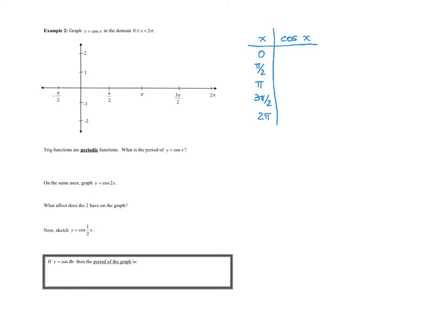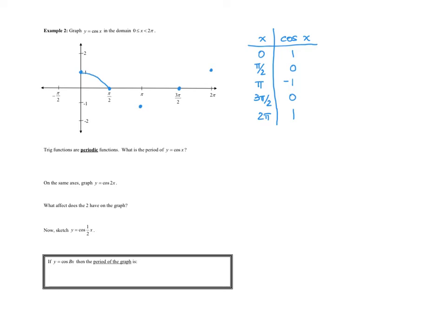If we go back to the unit circle, the cosine of 0 is 1, the cosine of pi over 2 is 0, the cosine of pi is negative 1, the cosine of 3 pi over 2 is 0, and the cosine of 2 pi is again 1. So if I graph those points, I have 1 at 0, 0 at pi over 2, negative 1 at pi, 0 at 3 pi over 2, back to 1 at 2 pi.